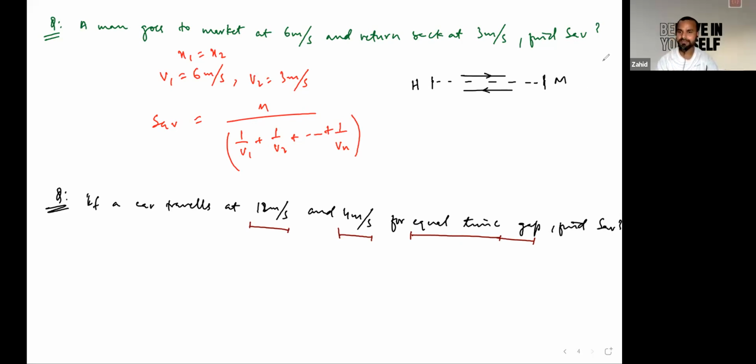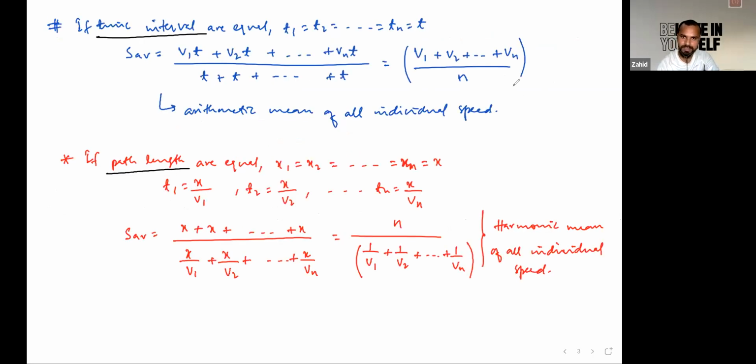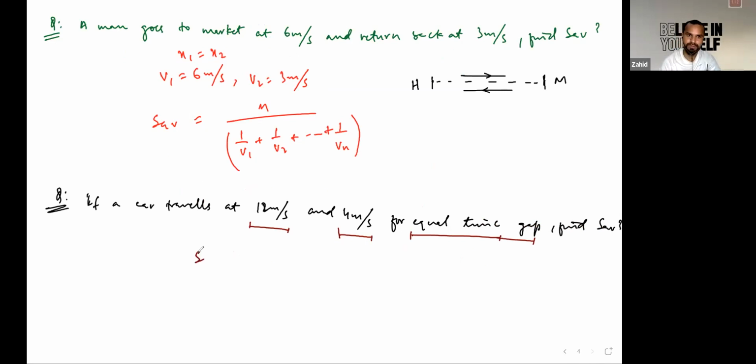Yusra, any problem while solving this? In this part, you have equal time gap, so use the second formula. In this question, we have only two intervals.